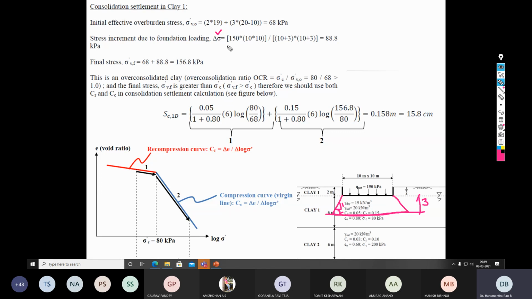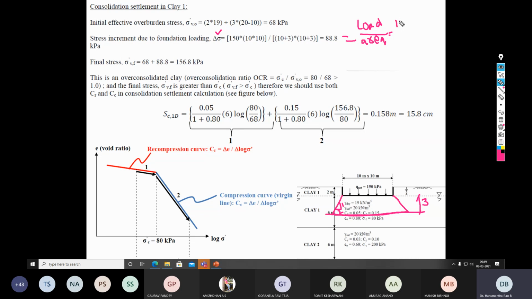So for calculation of the delta sigma, this is nothing but load by area. Your delta sigma is nothing but load divided by the area. But here stress is given. The stress of 150 kilopascals has been given.